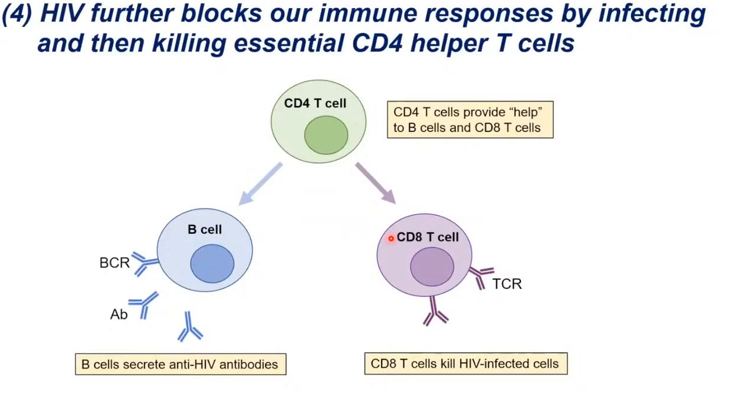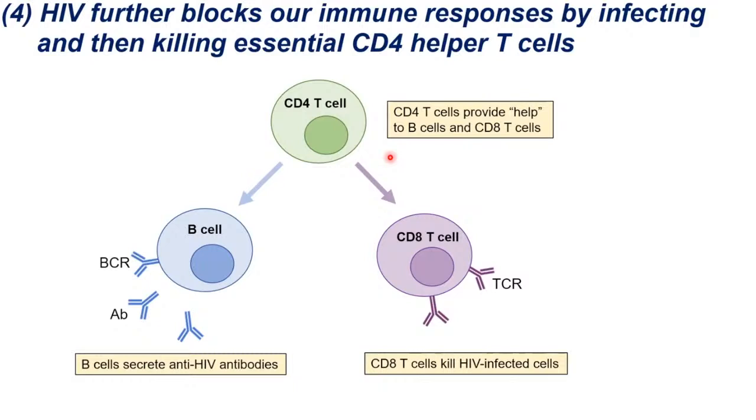Okay, and then finally, the final sneaky trick is HIV, as everybody knows, infects CD4 T cells. And this is really critical because CD4 T cells are like the conductor of the orchestra of the immune system. Because HIV infects those T cells, it blocks their function.